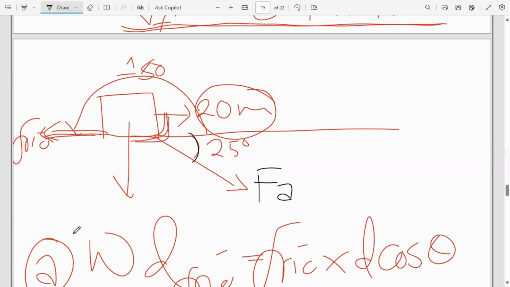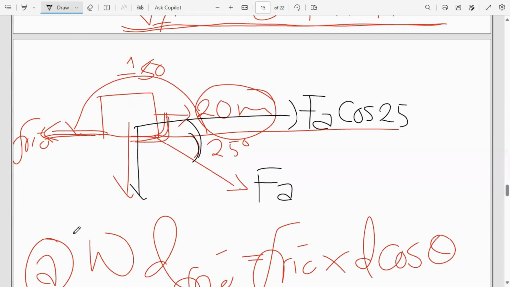So it is going to have two components, one in the x-axis and one in the y-axis. This one is adjacent to the 25 degrees, so it carries the cosine: the applied force, Fa, cos 25 degrees. Whilst this one is the applied force, Fa, sine 25 degrees, like this.